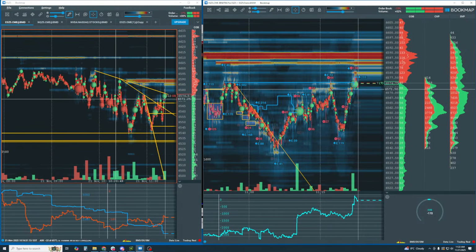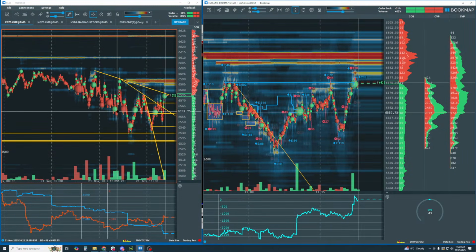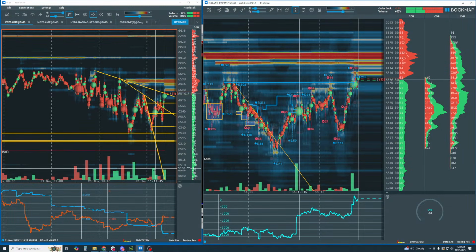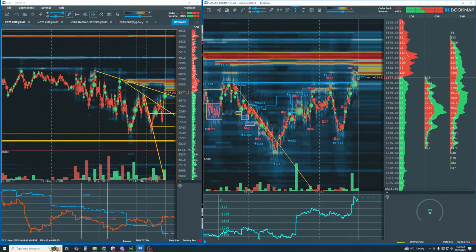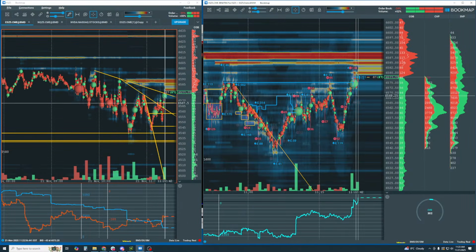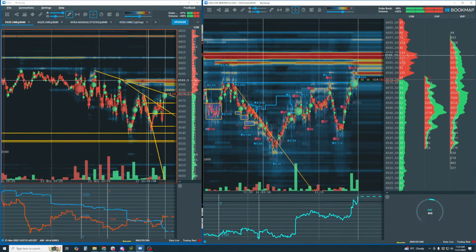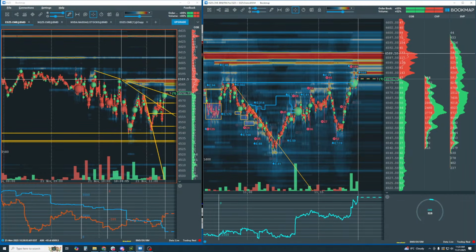Okay, when we started the webinar, we saw this squeeze here to the upside. And then this aggressive accumulation in here. I don't see a lot of sellers in here. So I'm looking for buyers to squeeze this up into this 90 swing up here. That's what I'd be looking for in the bigger picture.